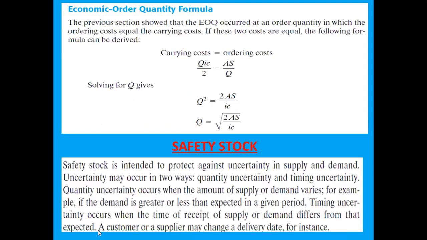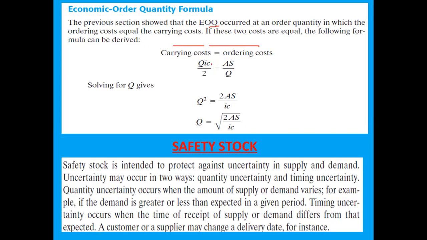Next, the total annual cost. The previous session showed the EOQ occurs at the order quantity at which the ordering cost equals the carrying cost. Therefore, carrying cost, the cost we are holding, is equal to ordering cost, right?